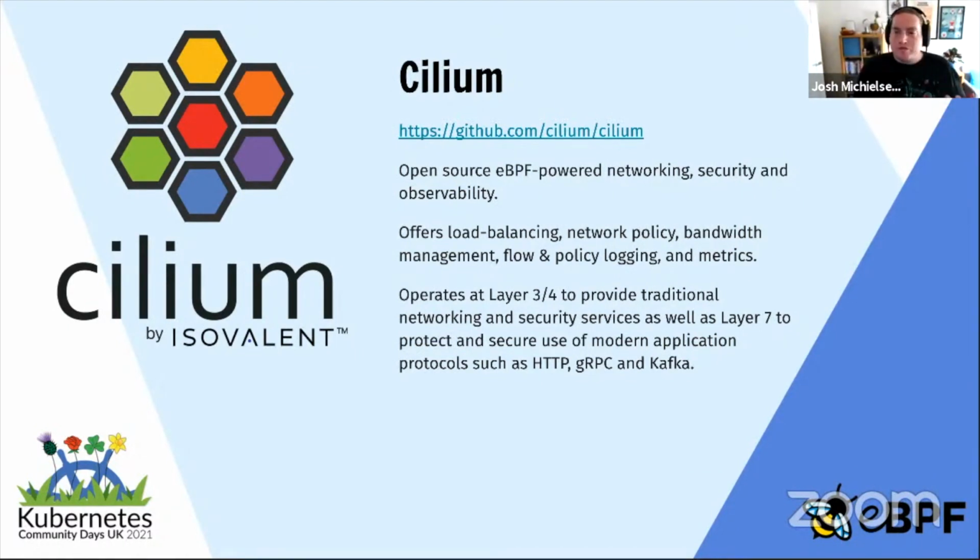You can use Cilium for things like load balancing, network policy, flow and policy logging, and even get metrics. It's often used as a CNI provider within Kubernetes, and I think Joseph yesterday did a talk about how RVU uses Cilium to do cross-cluster networking, which is pretty cool.